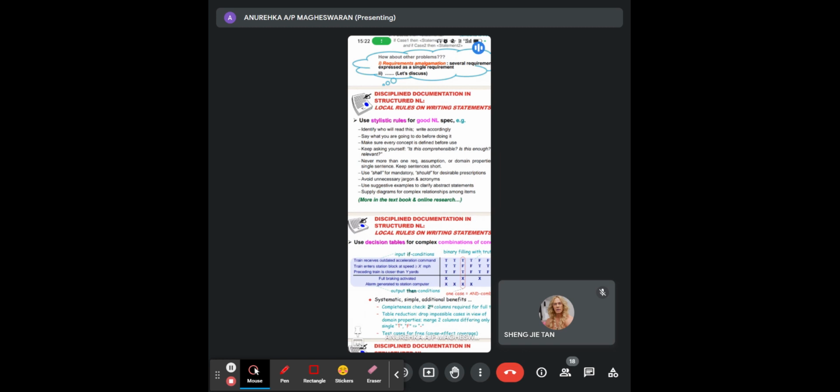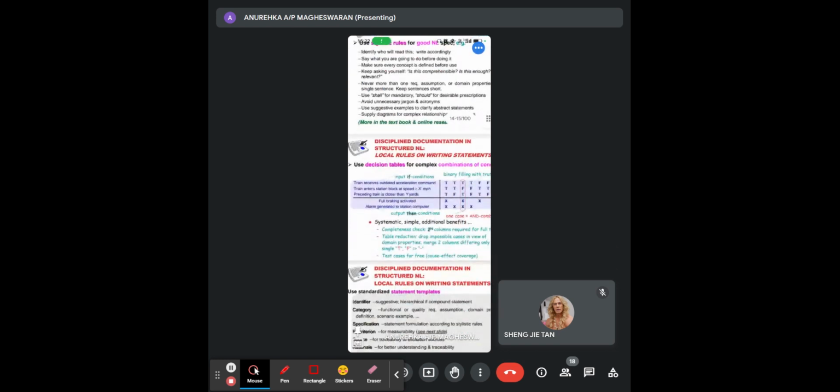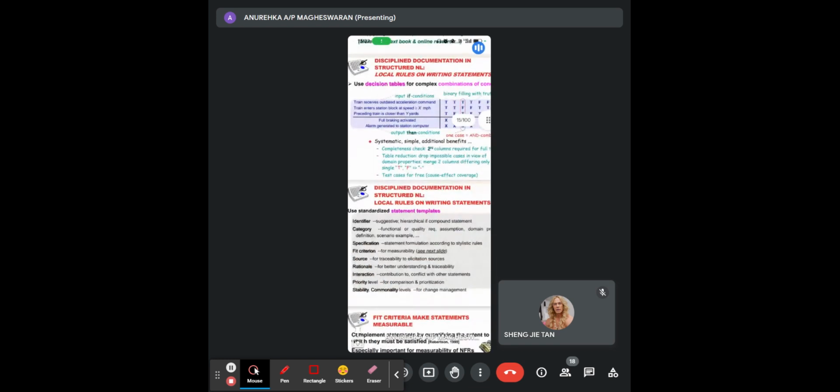Then you have to explain clearly what roles are involved in the requirement. For example, the system should allow the admin, the system should allow the staff. You must clearly mention all this. And in the structure, one requirement is written in one single statement. So that's all about natural language. You can assess these structured requirements with a decision table or decision tree, so your requirements will be clear enough.